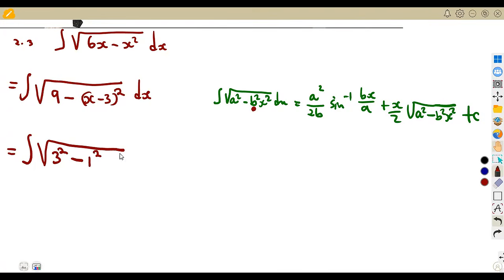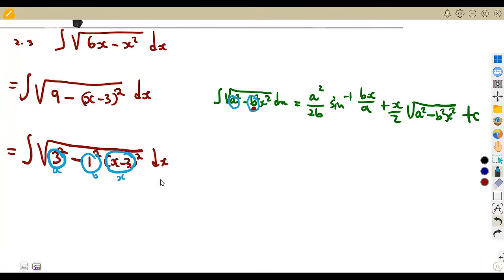So it's 1 squared. Then x squared, where x is this bracket, x minus 3 squared as it is. So this 3 represents a, just like a squared. B is represented by 1, just like b squared. And x is represented by the bracket, just like the x squared part.